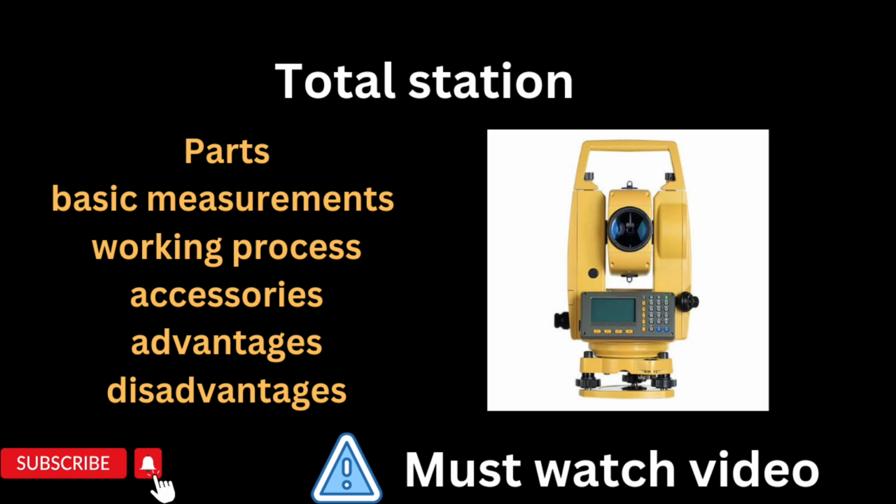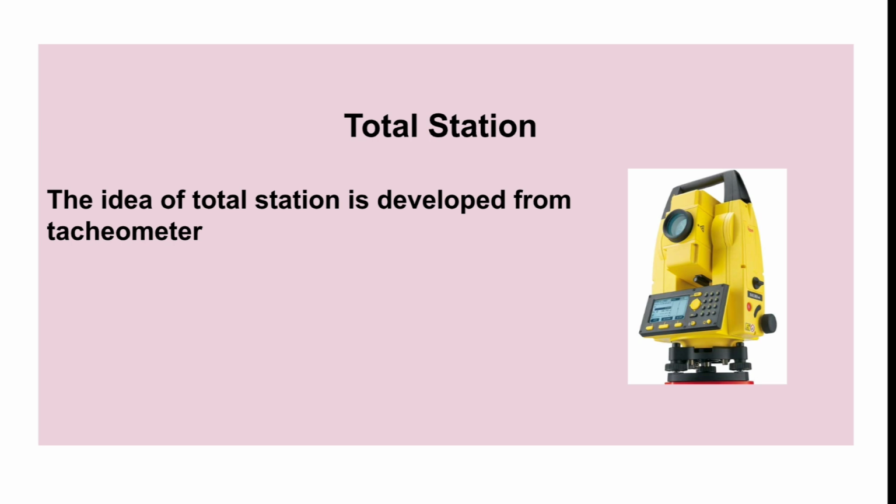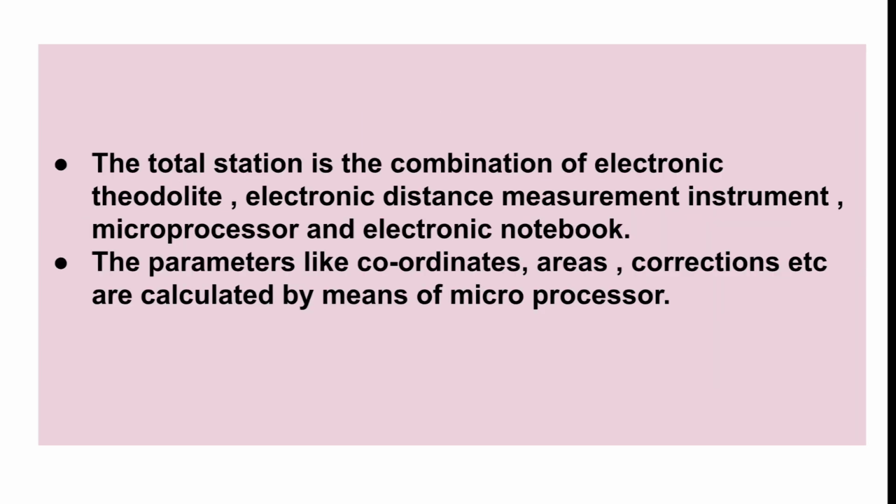Now let us discuss the topic of total station. The idea of total station is developed from the tachymeter. The total station was invented in 1975. Now, the total station is the combination of an electronic theodolite, an electronic distance measurement instrument, a microprocessor and an electronic notebook.